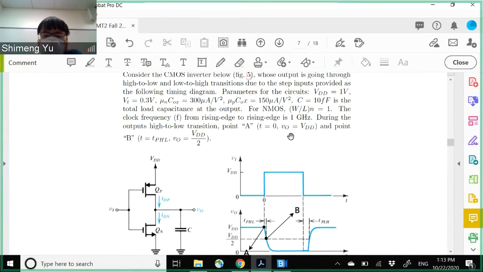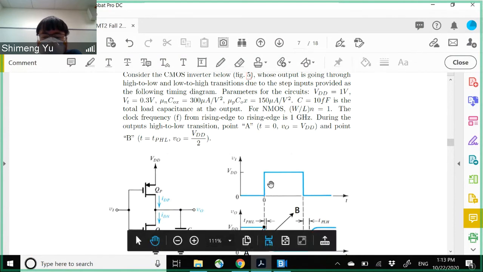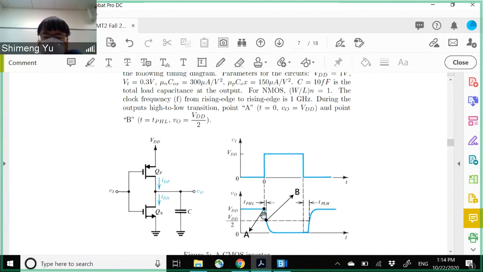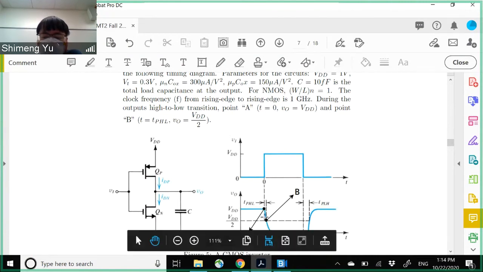Here we are considering the output high to low transition. So input is low to high and output is high to low. The input is assumed to be a perfect rectangle waveform, but the output will take some delay to decay.